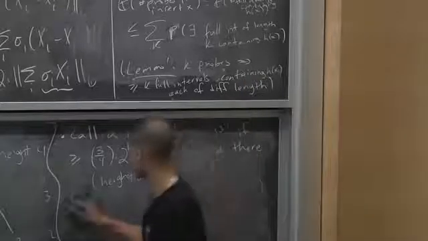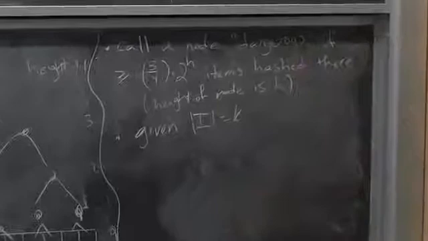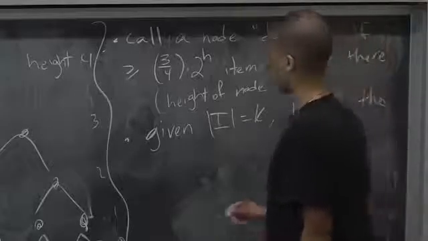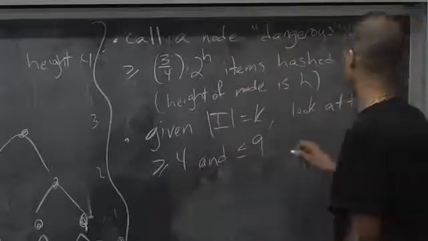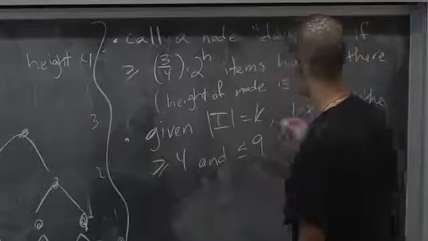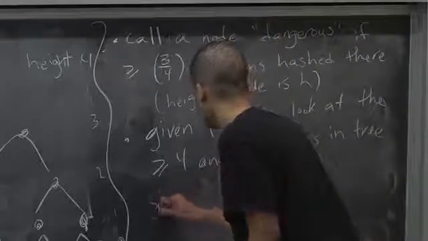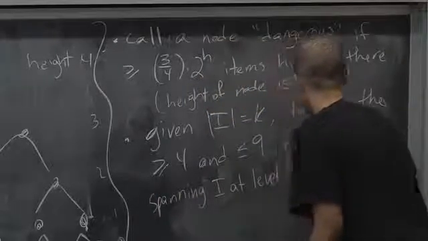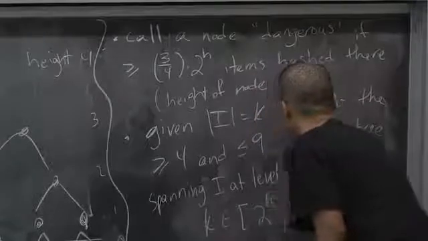Okay. So given I of length k, look at the at least 4 and at most 9 nodes in the tree spanning I at level h minus 2, where k is in the interval from 2 to the h up to 2 to the h plus 1.